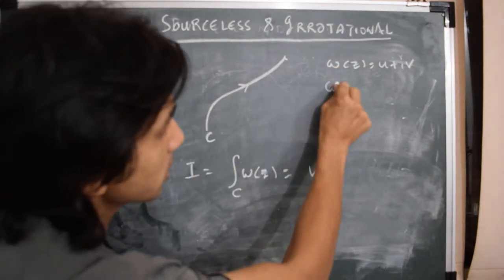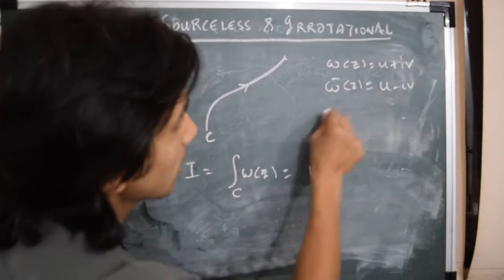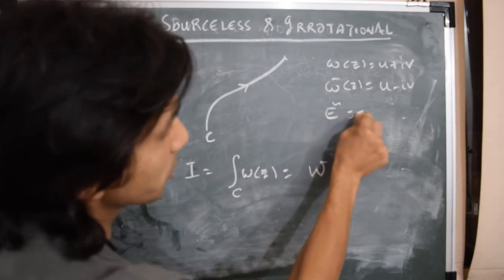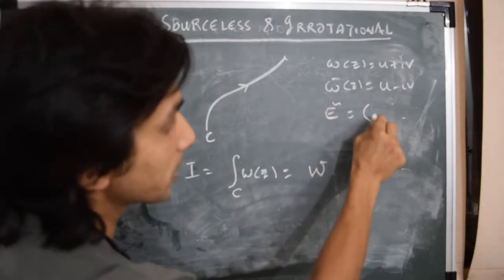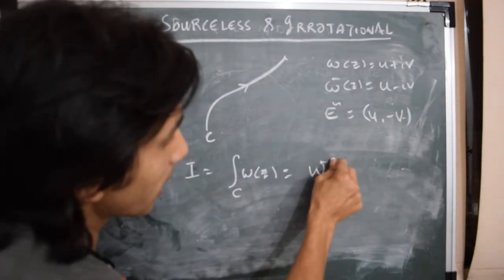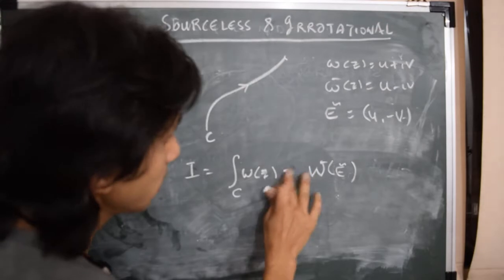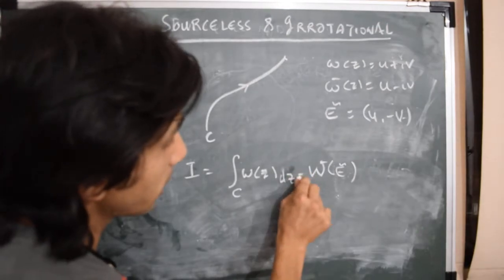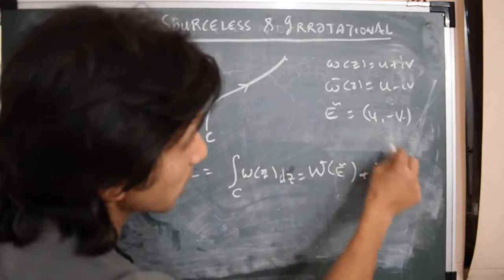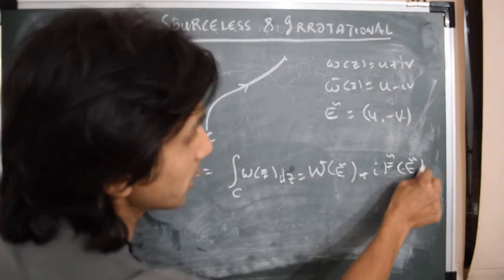In other words, we first define the conjugate of this complex function, which is U minus iV, and then consider a vector which has the x component U and y component minus V. And then the work done by this dual field constitutes the real part of this integral, w(z) dz, plus the flux of the dual vector field constitutes the imaginary part of the integral.